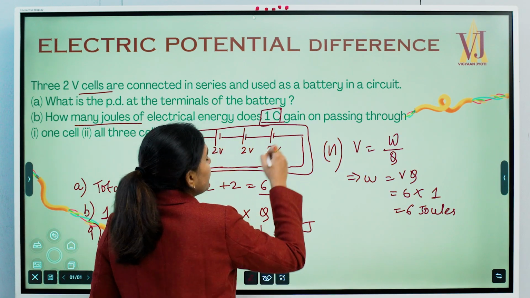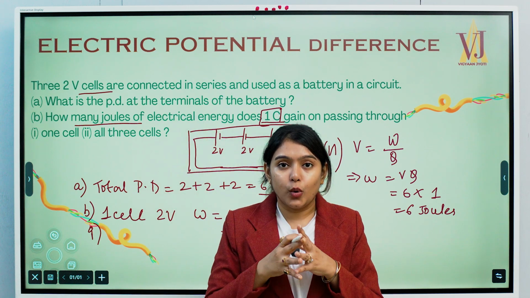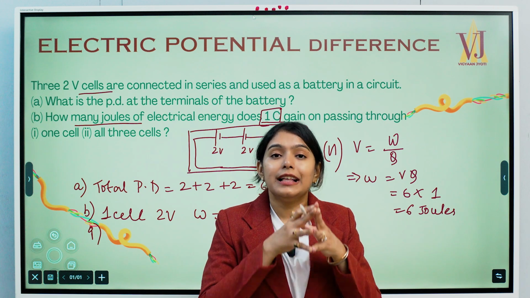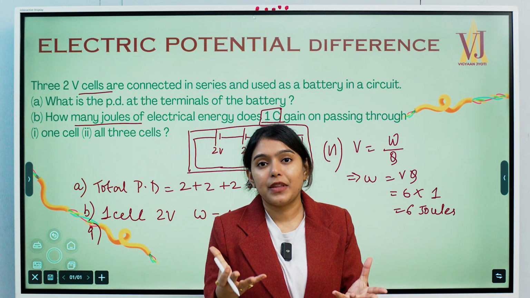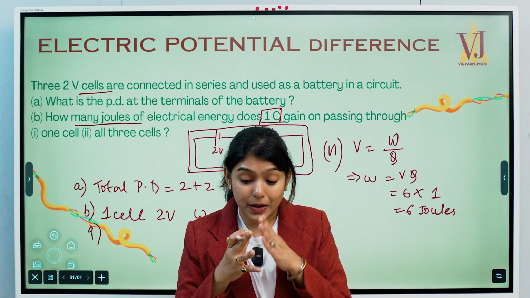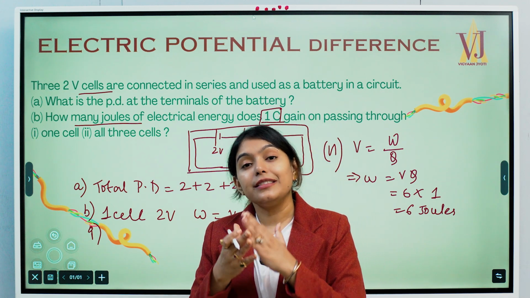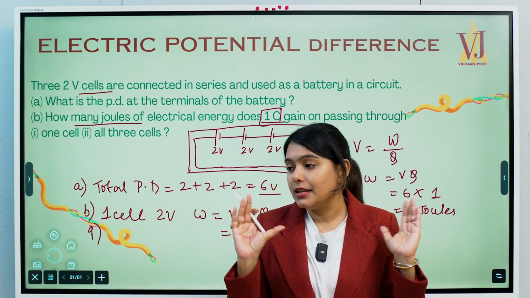Since you are passing 1 coulomb of charge through them, in that particular scenario voltage and work done are the same, right? Because it was explained before that when we are talking about the volt, we are considering that the charge of 1 coulomb is fixed, and voltage and joules become the same.